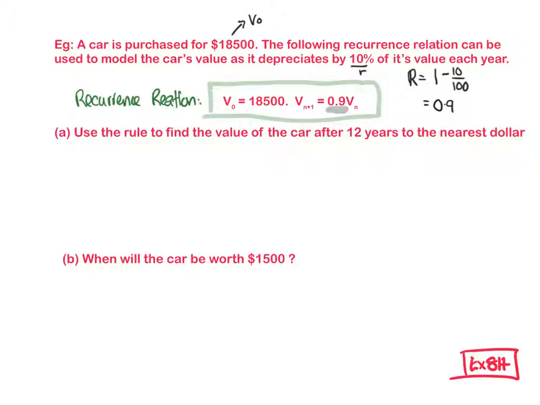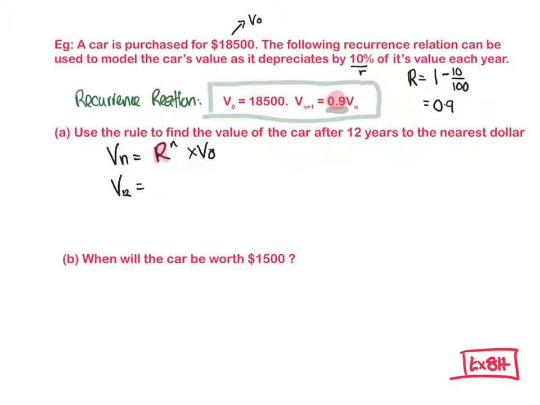Now they said use the rule to find the value of the car after 12 years. I'm going to pretend I don't want to keep clicking the button for a long time, so I'm going to use the nth term formula. So we go Vn equals R to the power of n times V0. We want to know after 12 years, so we want to know V12. R is this number here, the 0.9.